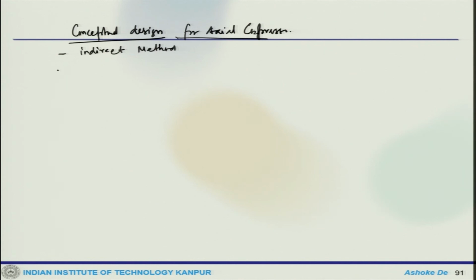For such conceptual designs, there are different stages, like you can have quasi 3D analysis, or you could have experimental analysis or testing of the blades and things like that.